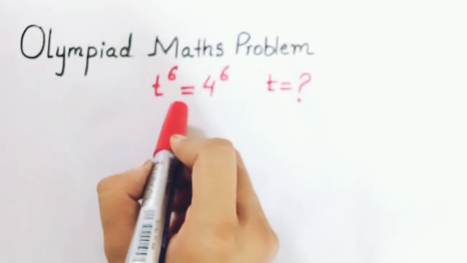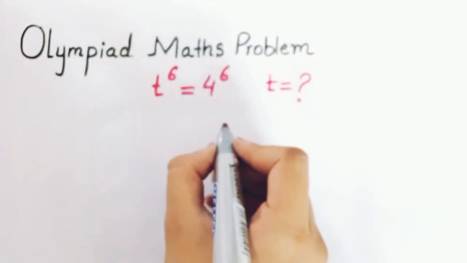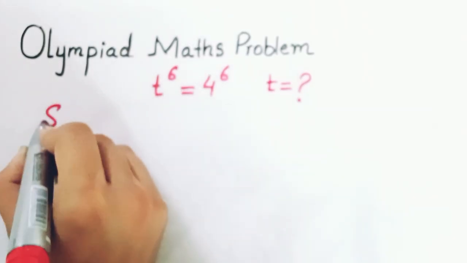Question is t raised to power 6 equals 4 raised to power 6. So how will we start solving this? First of all, we will apply method 1.